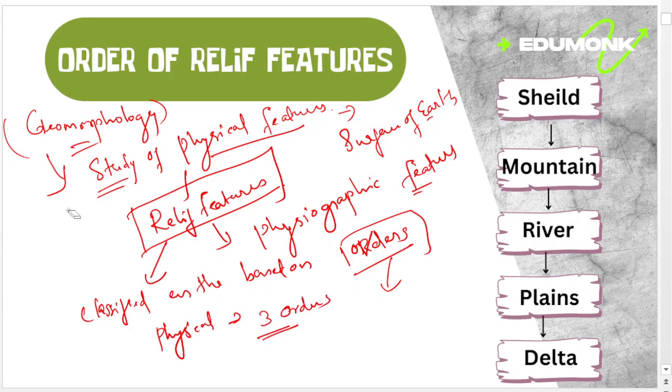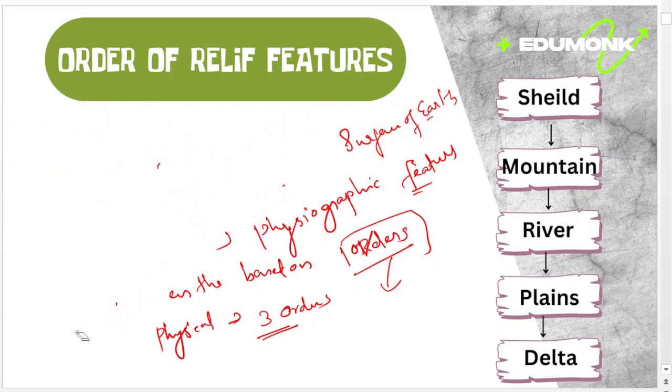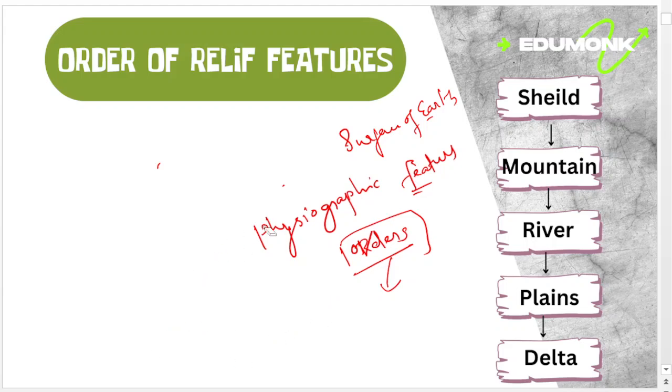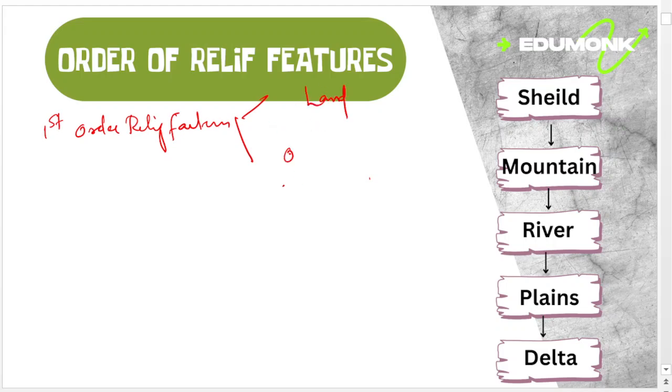In the first order of relief features, mainly two kinds of physiographic features are formed. The first one is land, the second one is ocean. These two are considered our first form of relief feature.